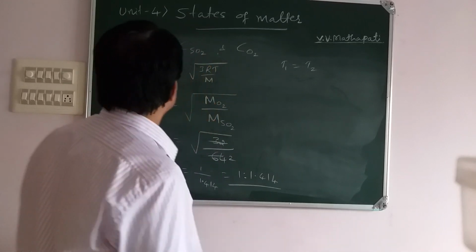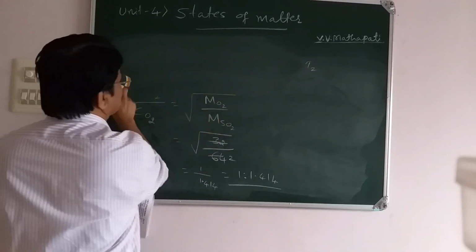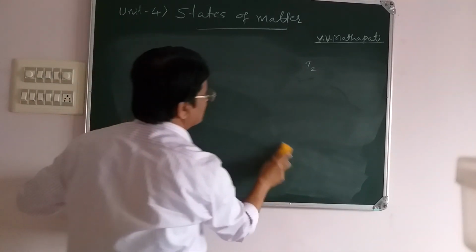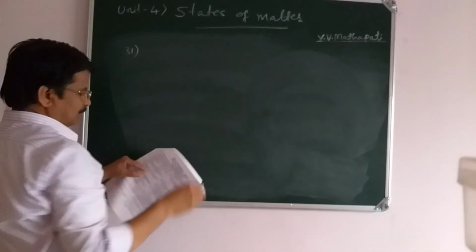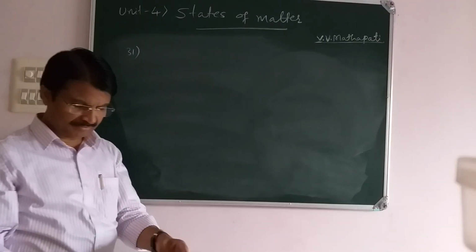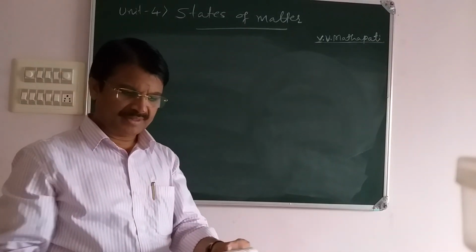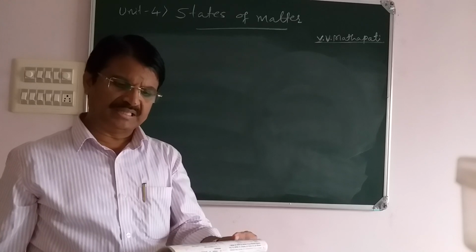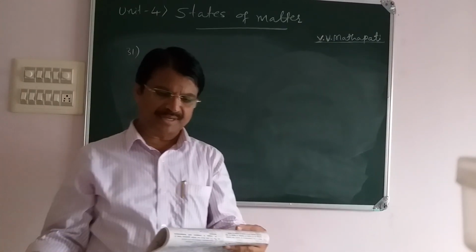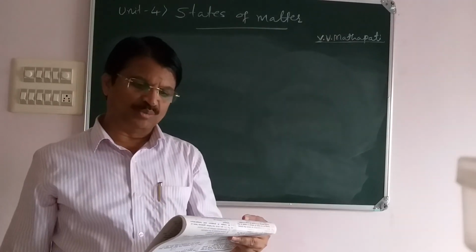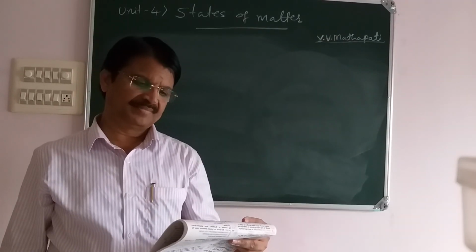Question number 31. At what temperature will the RMSV of SO2 be the same as that of the O2 at 290 K?